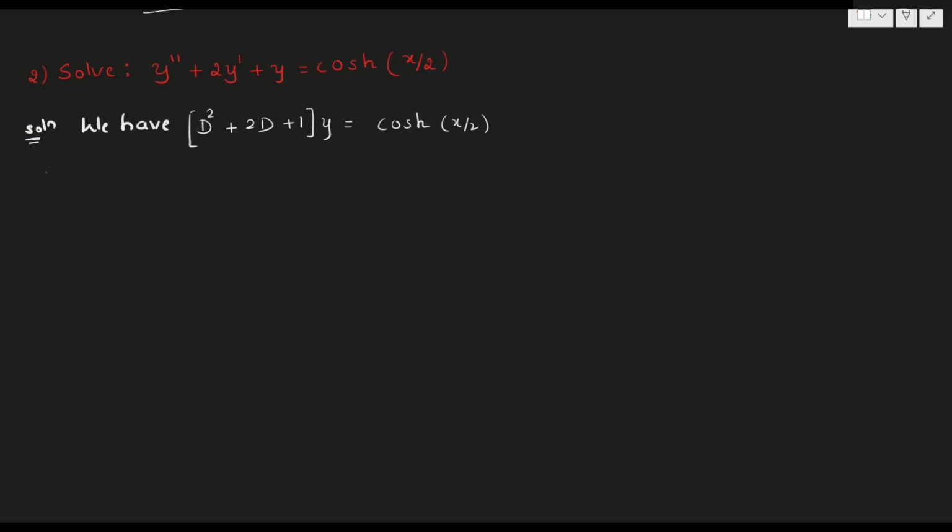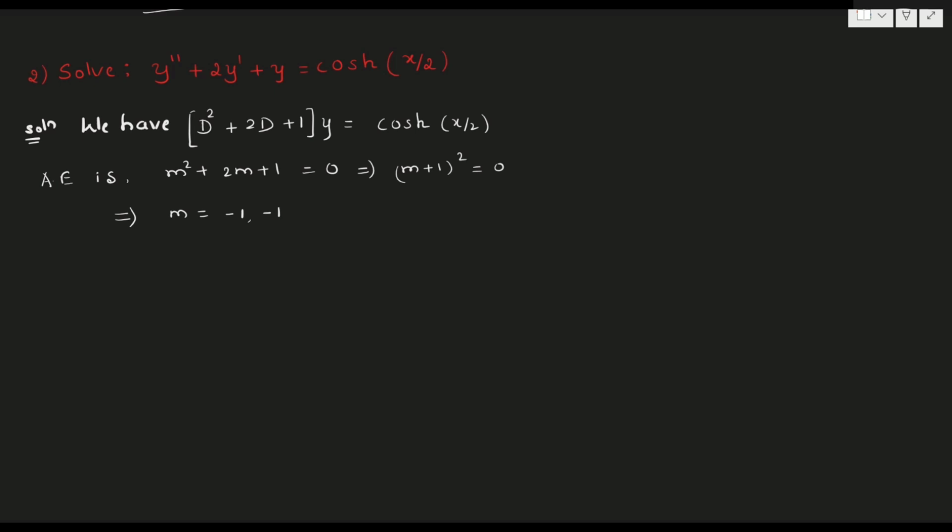Now, the auxiliary equation is m square plus 2m plus 1 equal to 0. This is nothing but (m plus 1) whole square equal to 0. So, this gives us roots as m equal to minus 1, minus 1.